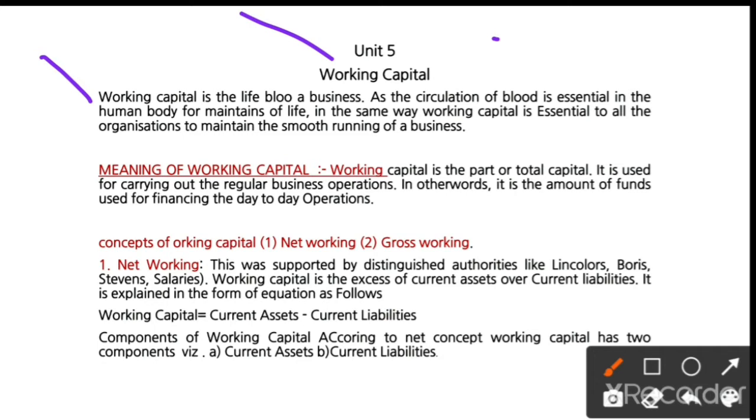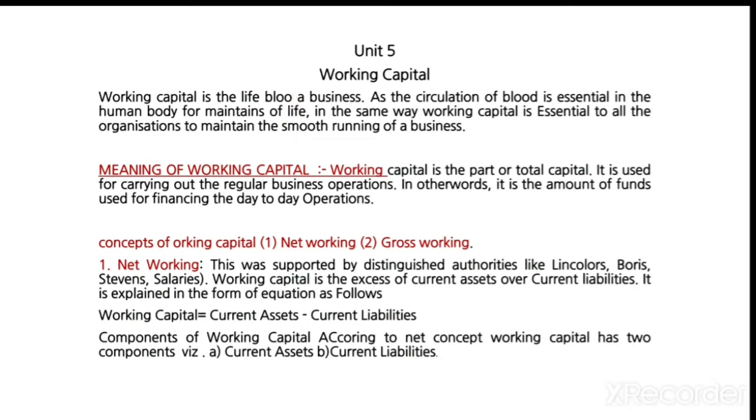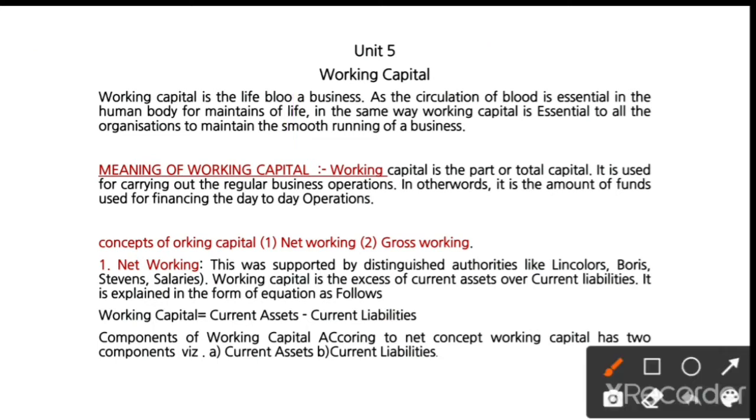In the same way, if there is no working capital for the industry or business, the industry will become a sick industry. So based on that concept, working capital is the lifeblood of every organization.